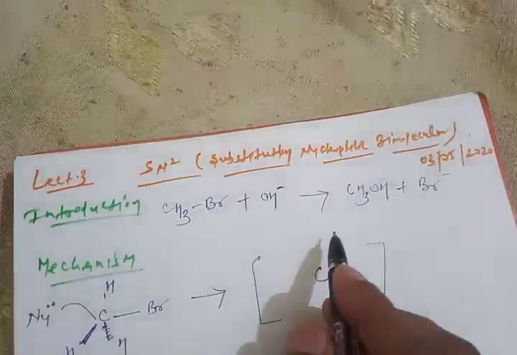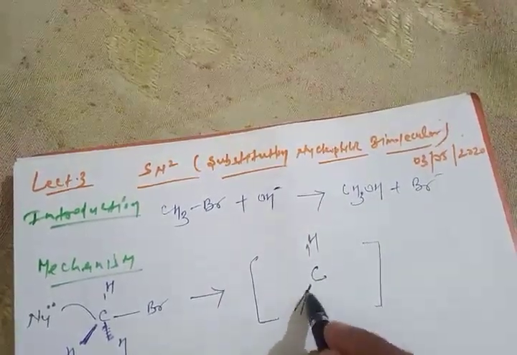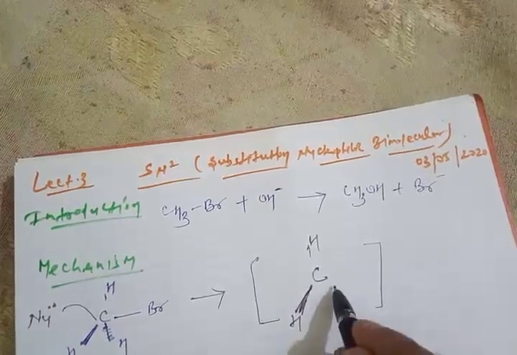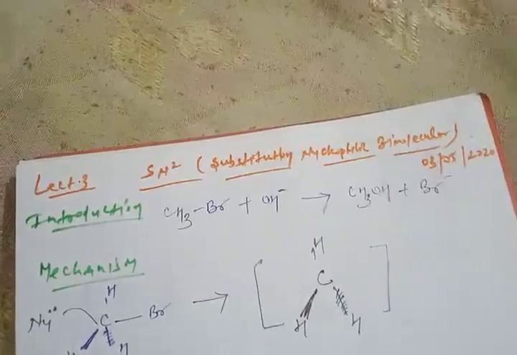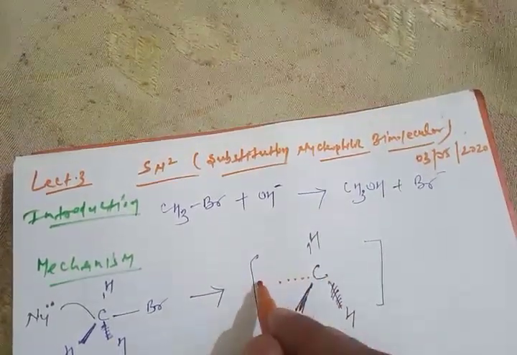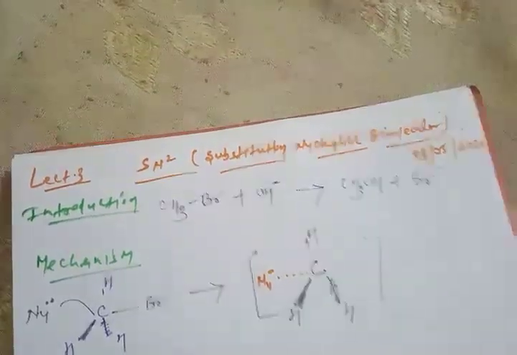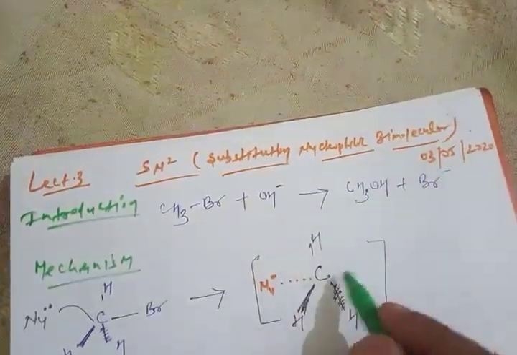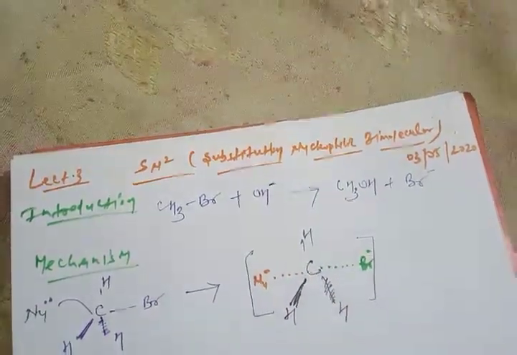This is the carbon, hydrogen, hydrogen, and hydrogen, and then we have two groups, one is the nucleophile with a negative charge, and the other is the Br negative charge.